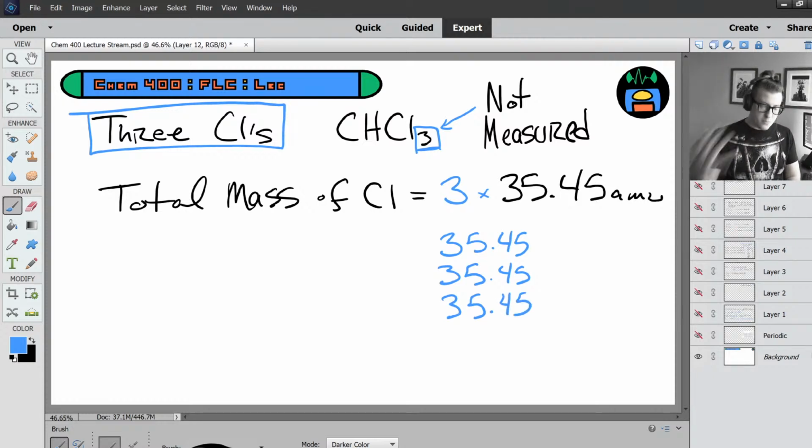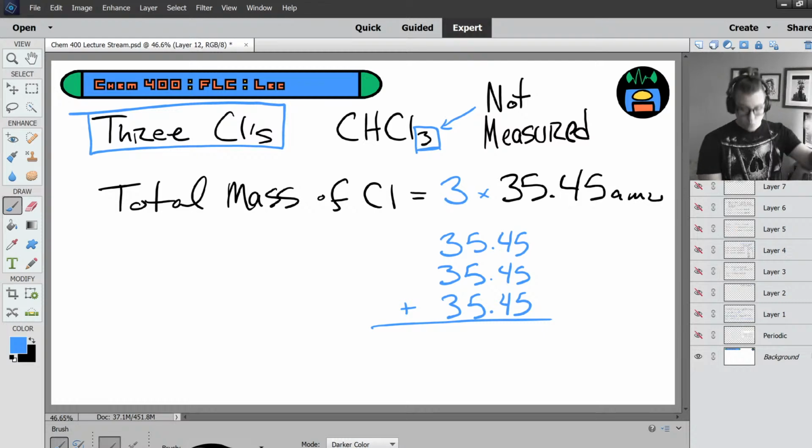The rules for multiplication that we developed for sig figs apply when you're multiplying two measured quantities together. But because this number has no sig figs, what you're actually doing is adding this 3 times together. Each one of these has its final significant digit in the tenths place.